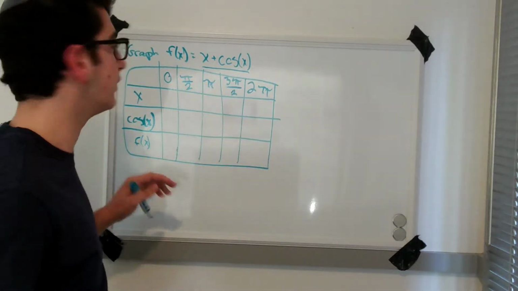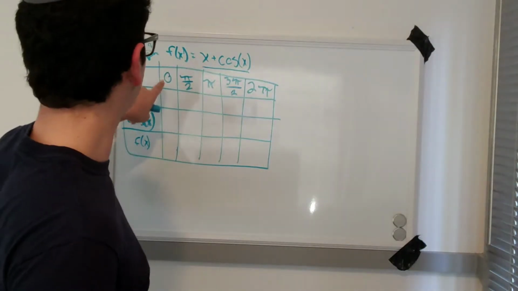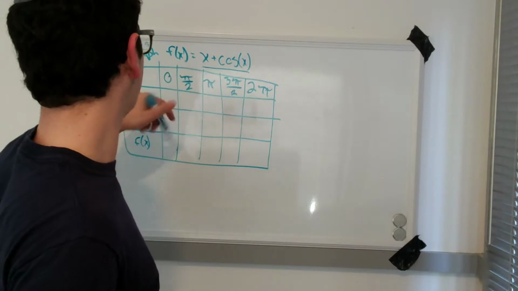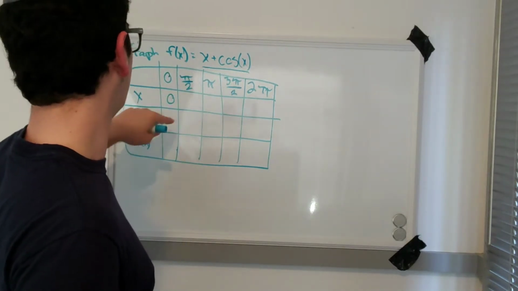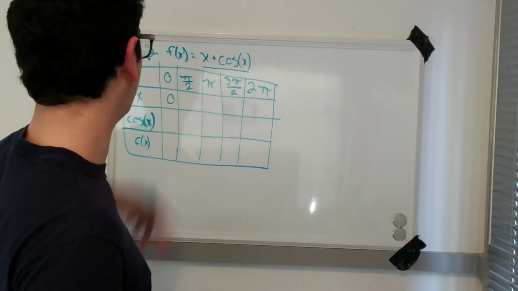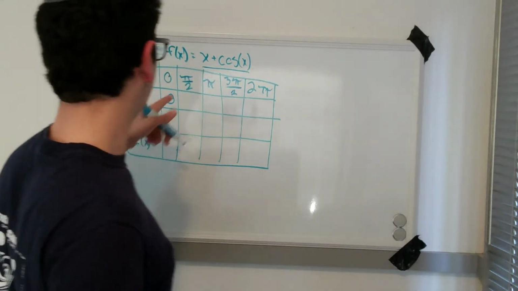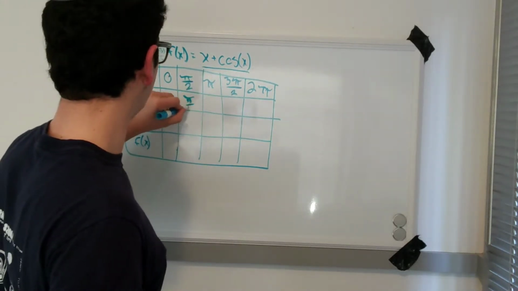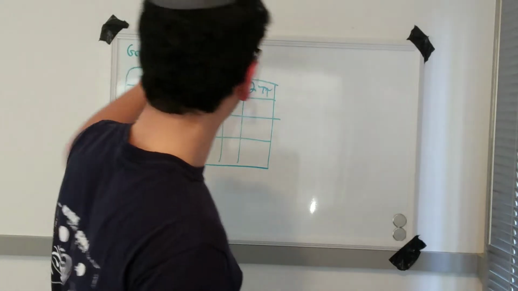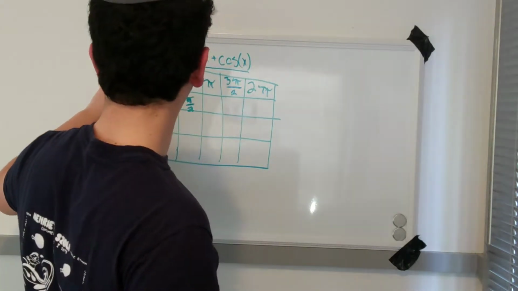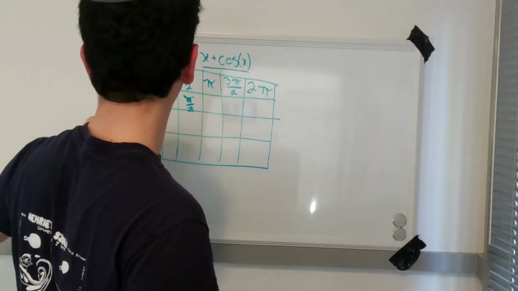Okay, so now we have it like a table. When y is equal to 0, x is going to be equal to 0. When f of x is equal to pi over 2, x is going to be pi over 2.